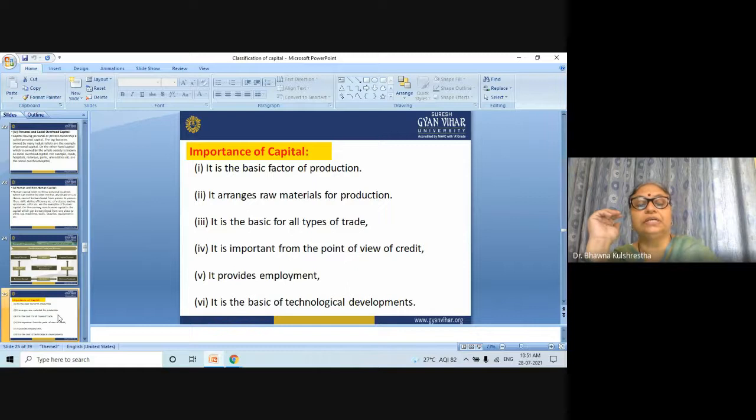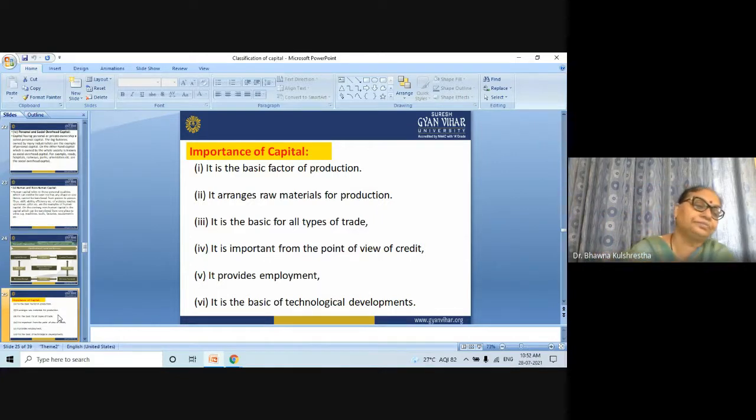It is important from the point of view of credit. It provides employment, and it is the basis of technological development. These are the importance of capital.